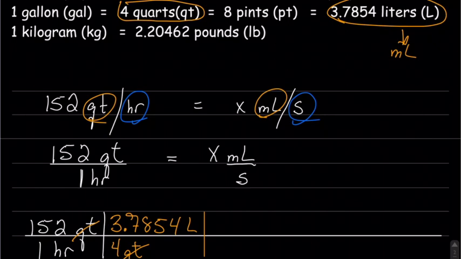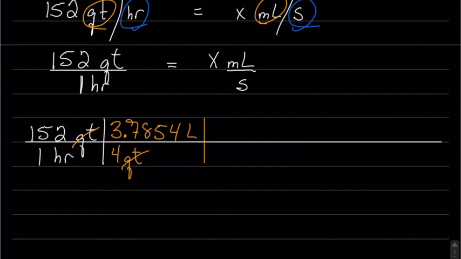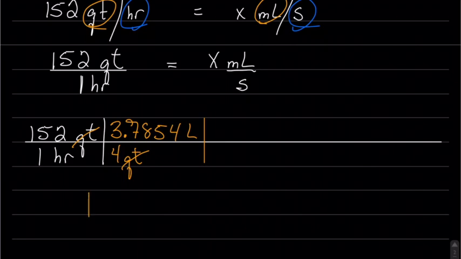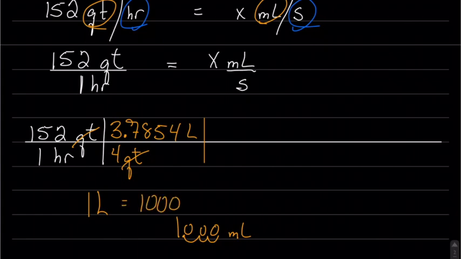So one way to do this is make your own little equality. You know 1 liter, let's just pick 1 liter just because 1 on the bottom is nice. What would that be in milliliters? Well, remember, if you use your metric conversion table, it's moving the decimal 3 times. 1, 2, 3. So 1 liter equals 1,000 milliliters.